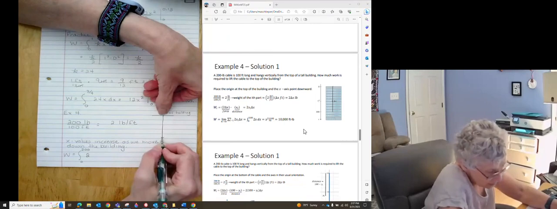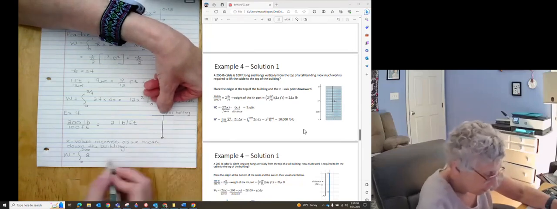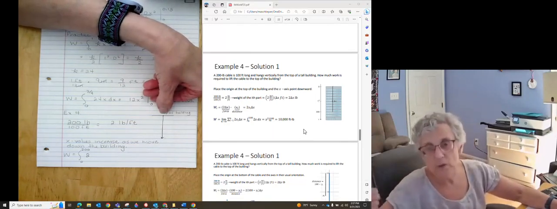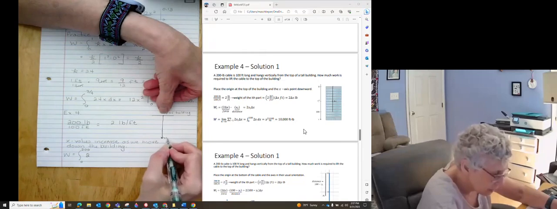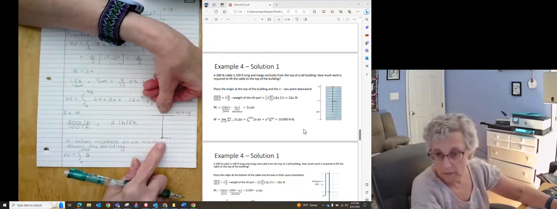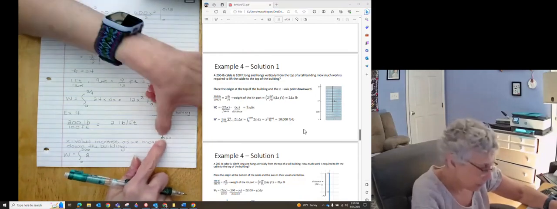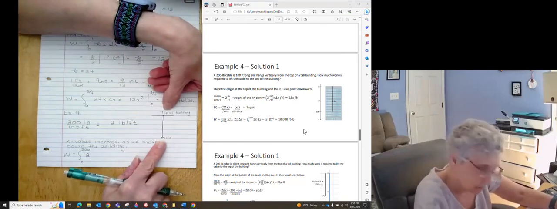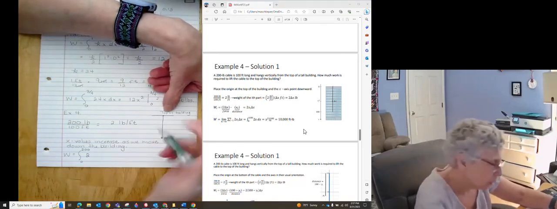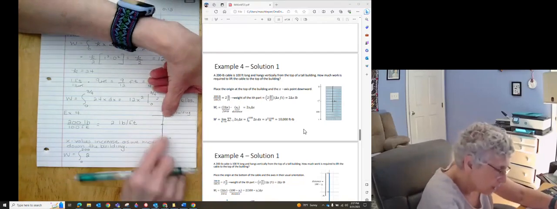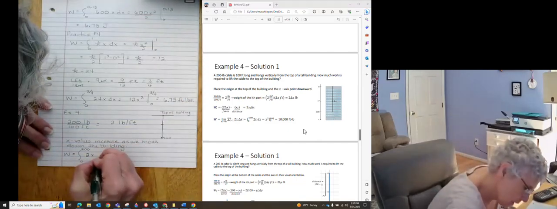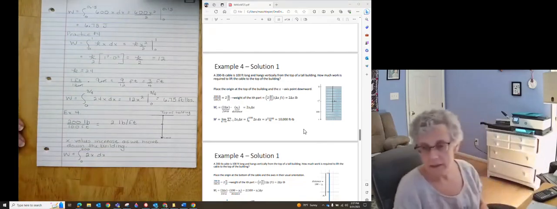When x is equal to 100 down here at the bottom, 100 feet from the top, the entire weight is on the cable. When it's halfway up, you only have half of the weight. So it's going to be 2x dx.